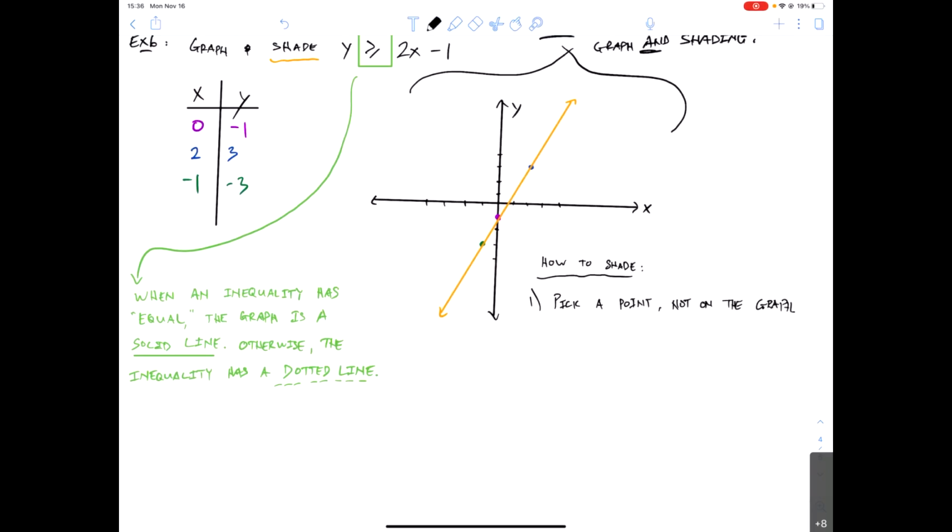So you see that orange line, you see 3 colored points right there. Those 3 colored points don't count, because they're on the graph. So what point do you see that's not on the line? What's a very obvious one? And if not obvious, someone give me one.